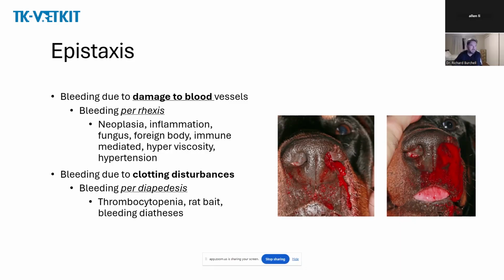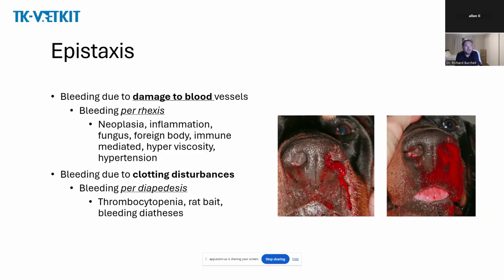If we look specifically at epistaxis or nasal bleeds, this can be particularly confronting to an owner. And so it's always important to remember when we see bleeding that bleeding can also be caused due to clotting disturbances.